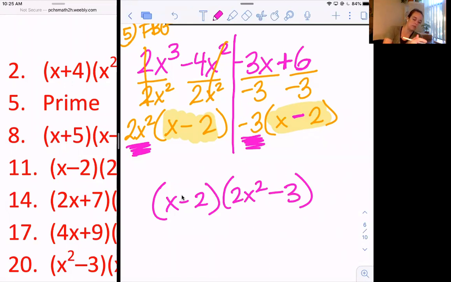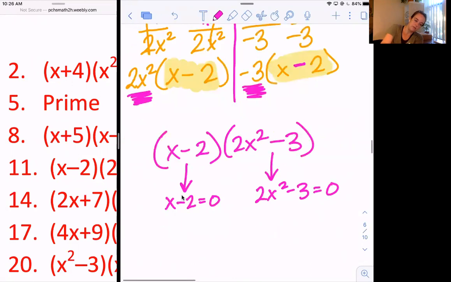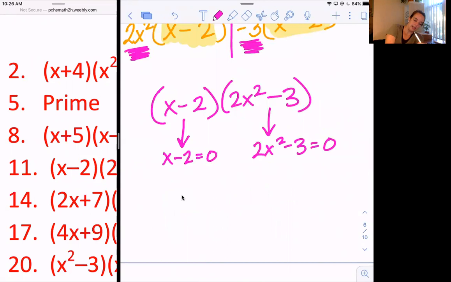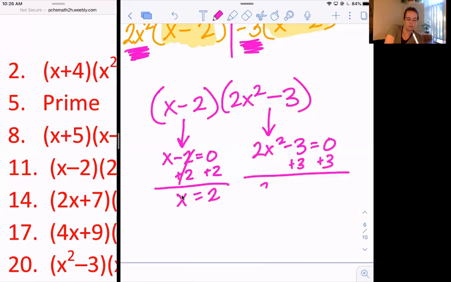All right. So here I would have x minus 2 equals 0, and 2x squared minus 3 equals 0. Adding 2 on both sides, I get x equals 2. And adding 3, 2x squared equals 3.